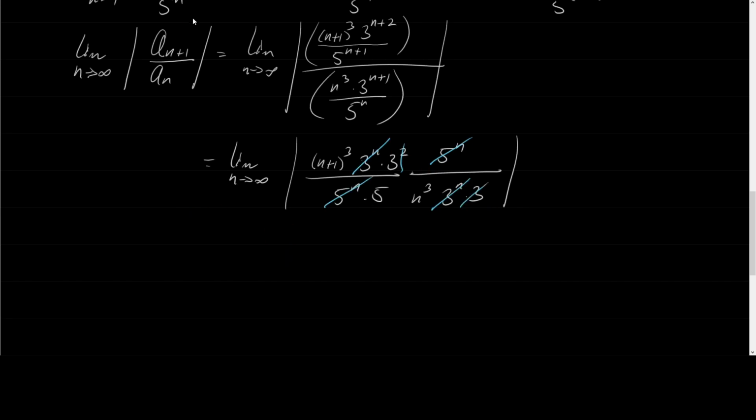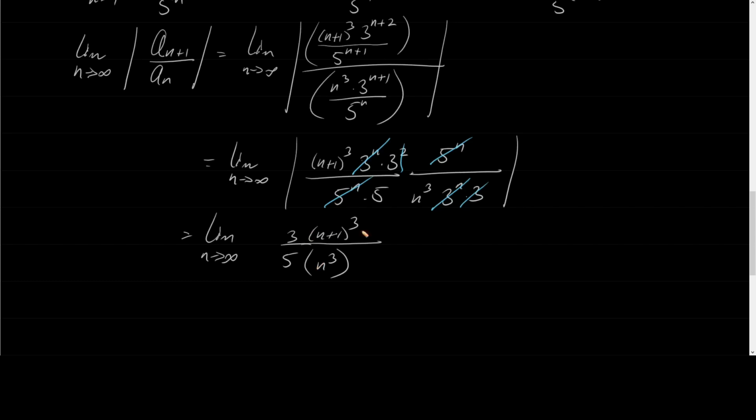So what we get now is the limit as n goes to infinity. These absolute values are not really doing anything anymore, but we have a 3 over 5. On top we still have an n plus 1 cubed, and on bottom we have an n cubed. All right. So let's see what we can do there.